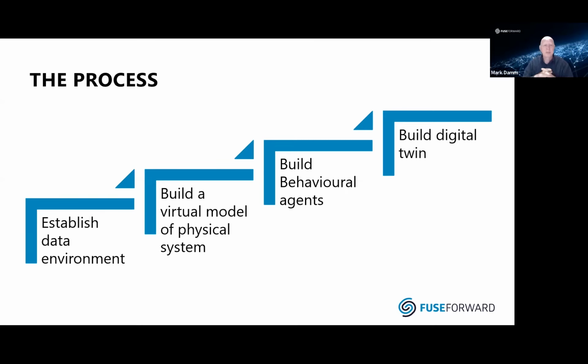When you put a barrier in place, some people climb over the barrier, other people will walk around it, other people will change the behavior and try and drive around it. So those are how we start creating more and more behavioral agents that are going to interact with Step 2's virtual model. Once we have a set of behavioral agents and a set of virtual models of the physical world, then we can start running the digital twin.